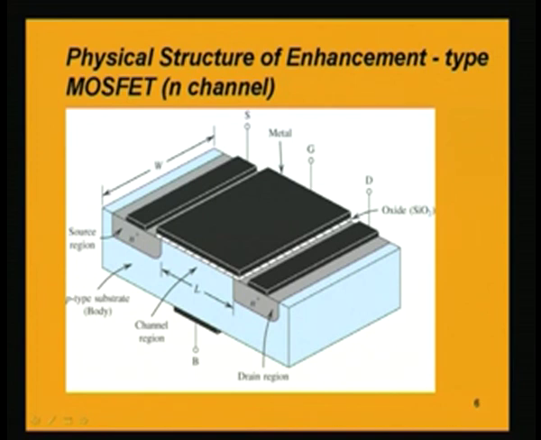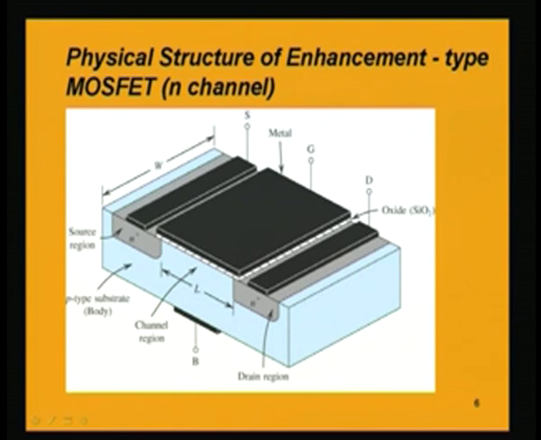So, these two N plus regions as shown in this block are two N type materials, and the P type and N type semiconductors both are grown on a single crystal silicon wafer.